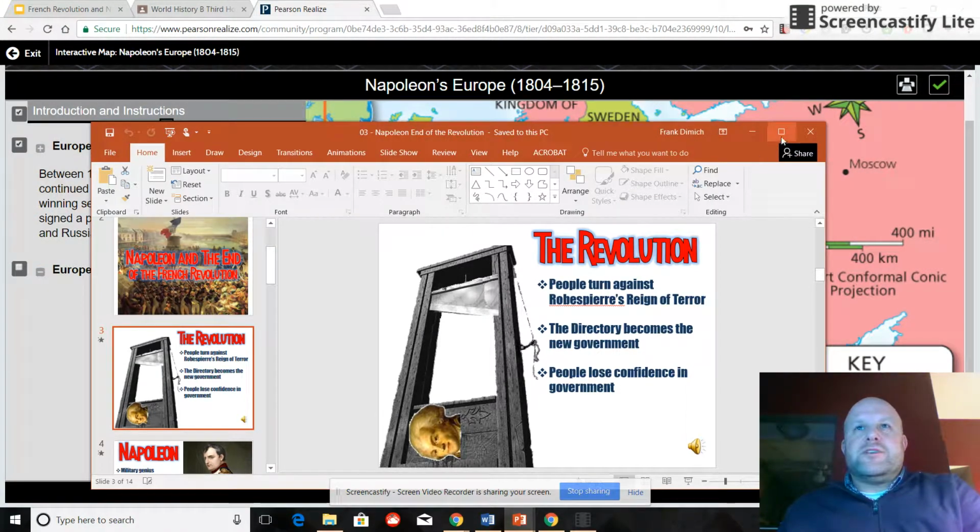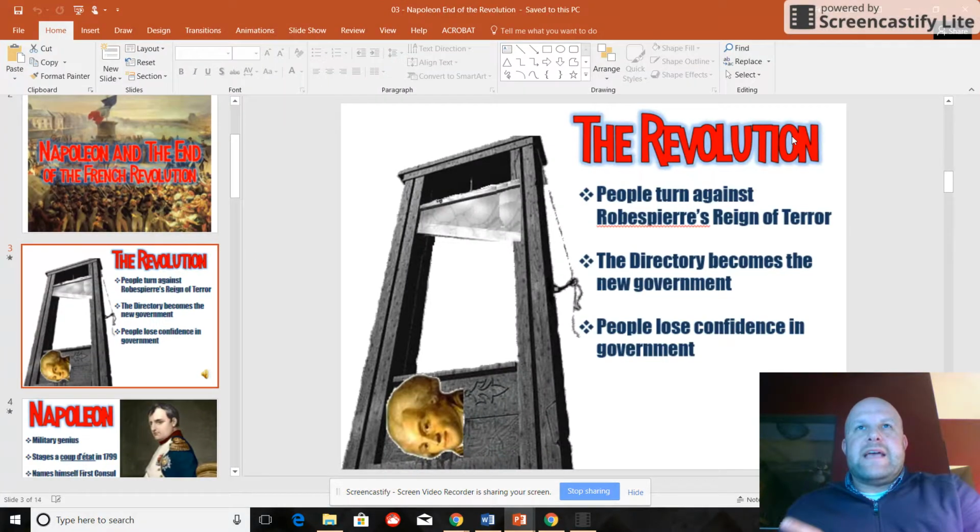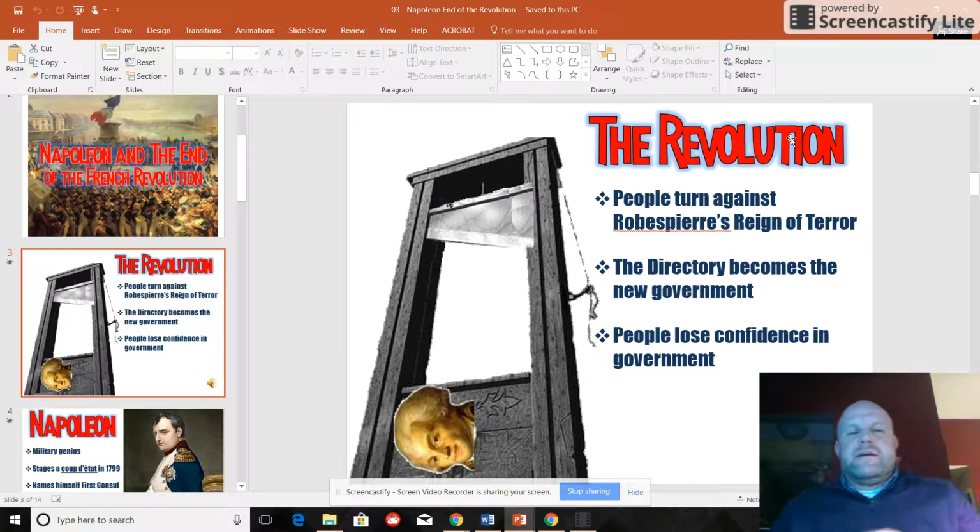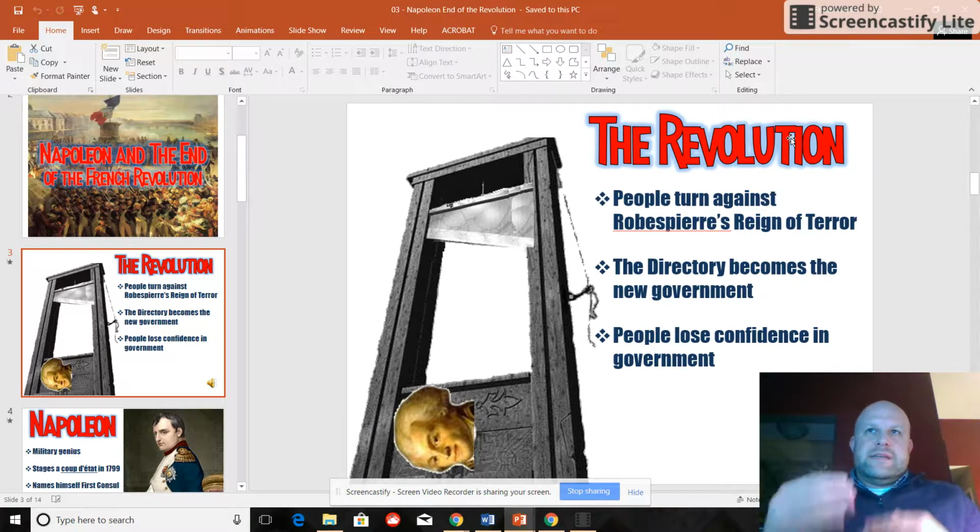Basically, people turned to Napoleon because they had lost confidence in a government called the Directory that had a 5-member head and a 2-house legislature, basically a constitutional monarchy. But that was after Robespierre's Reign of Terror, after he had gone too far.